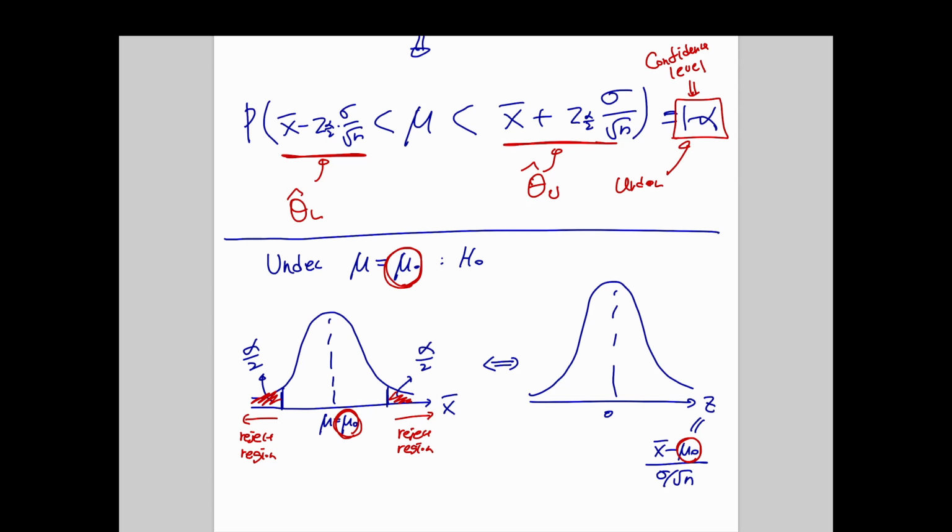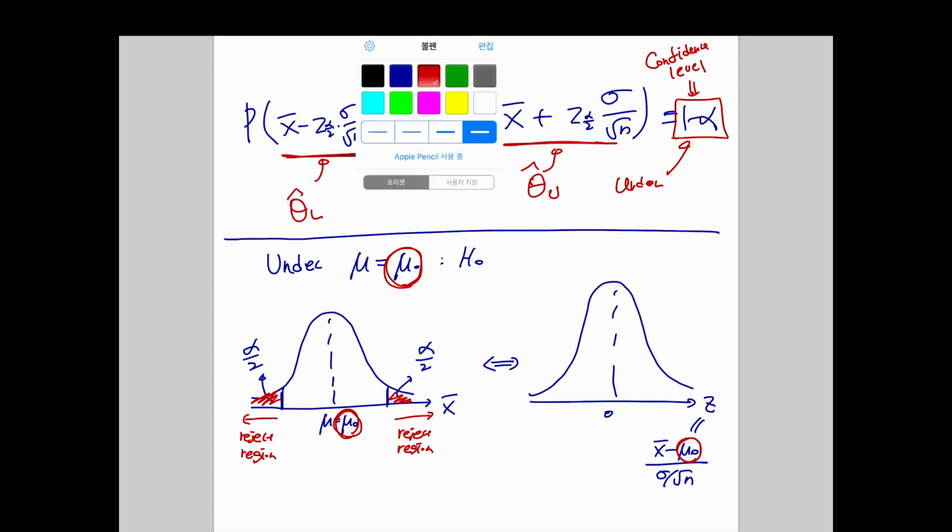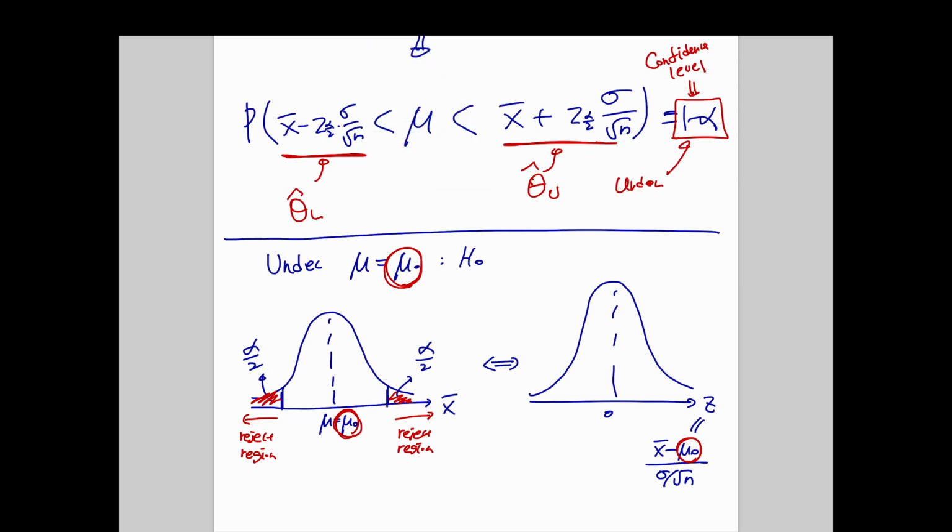Okay. Therefore, if the confidence interval calculated from those sample data include the mu 0, we cannot reject H0.